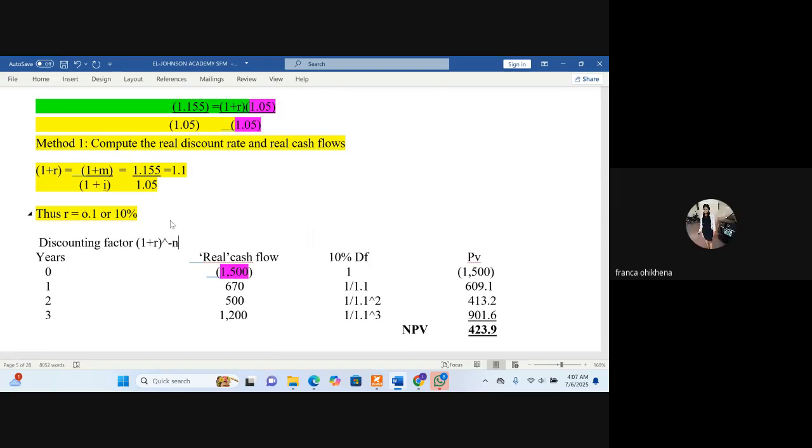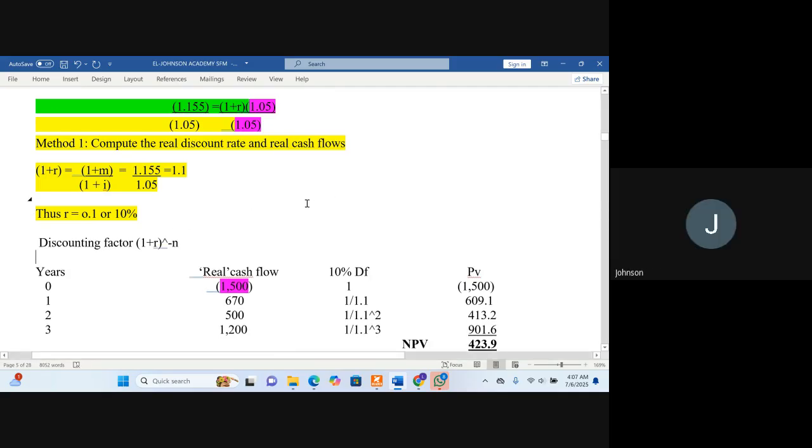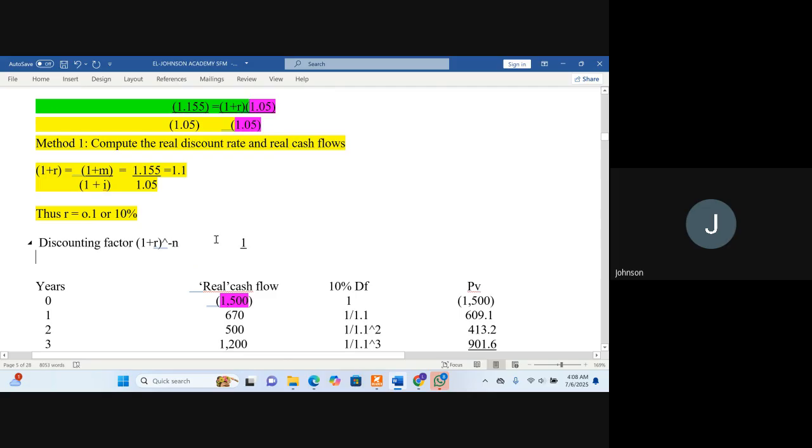The discount factor is 1 divided by 1 plus r, raised to power n. Another way you can say it is 1 over, 1 plus r, close bracket, raised to power n.